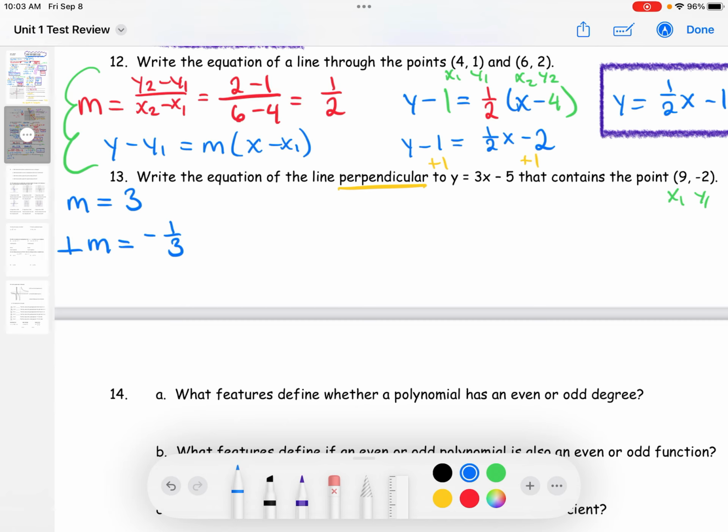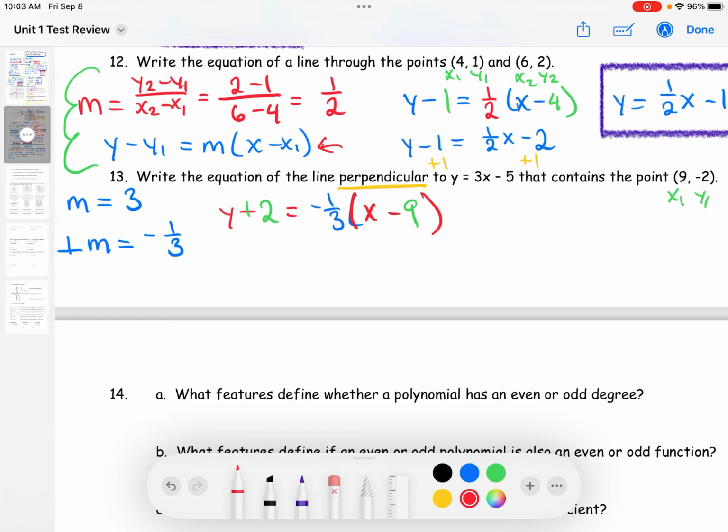Now we can plug into our point slope form in order to write the equation. So we'll have y minus, our y1 is -2, so that's going to be a +2, equal to m, which is -1/3, times x minus, our x1 is 9, close the parentheses. Then solve.